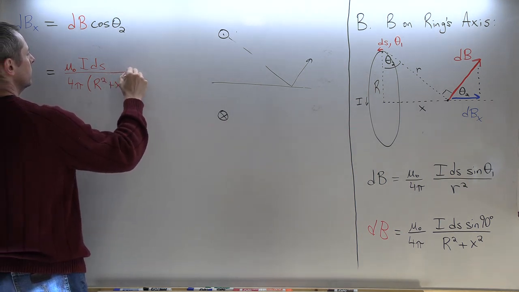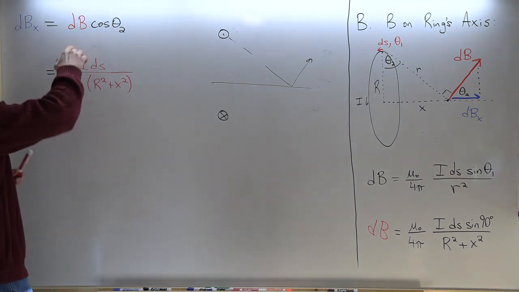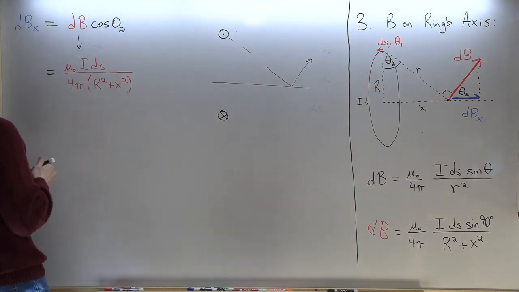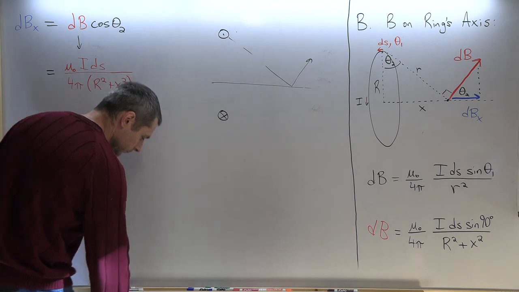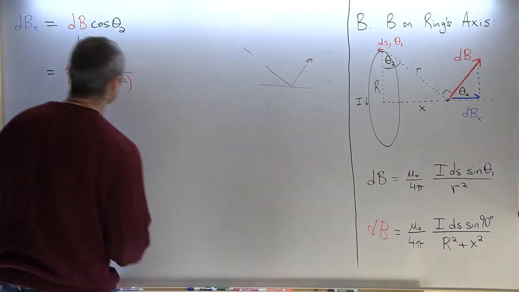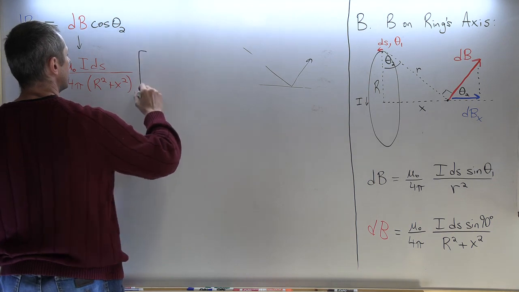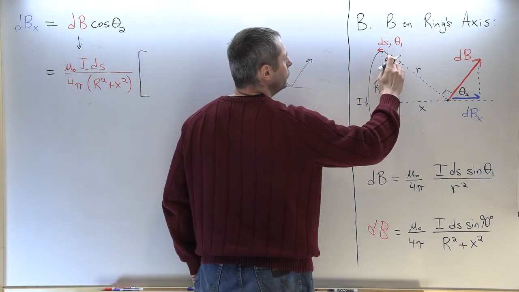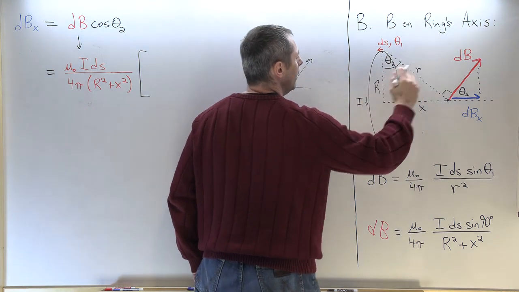So that's the dB. And the cosine, if you go back to this triangle right here, the cosine will be the adjacent side over the hypotenuse.